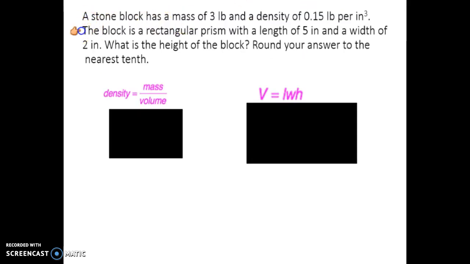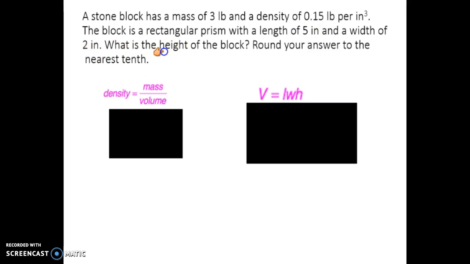The last question on the quiz is involving that formula as well, but this time they ask for something a little different. So they want a stone block has a mass of 3 pounds, so they've given us the mass of 3 pounds, and a density of 0.15 pound per cubic inch. The block is a rectangular prism with a length of 5 and a width of 2.